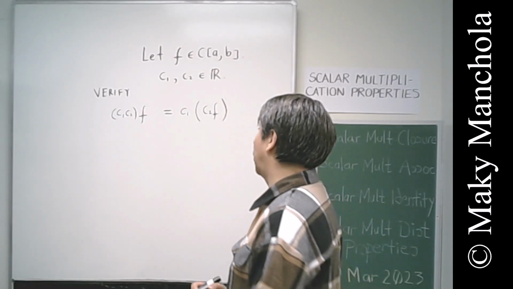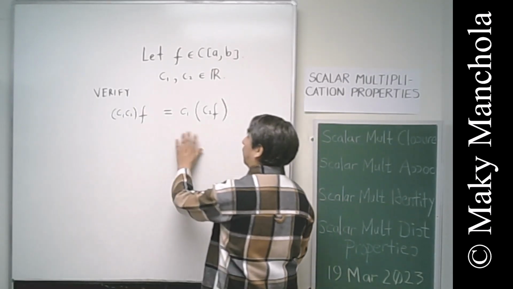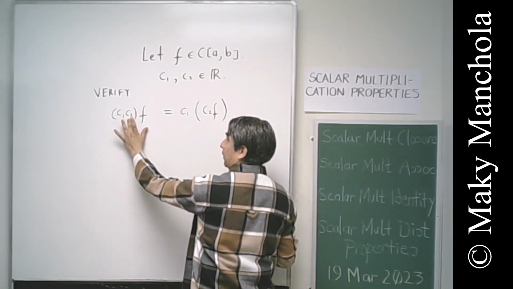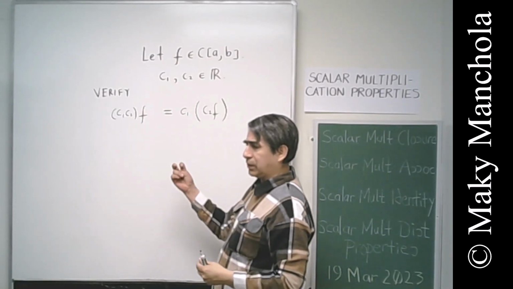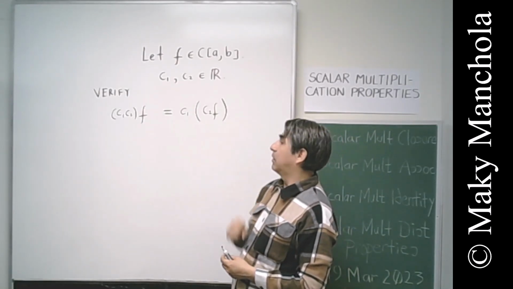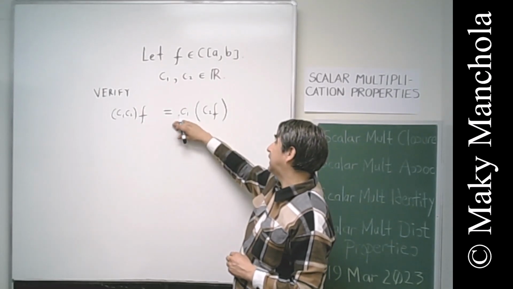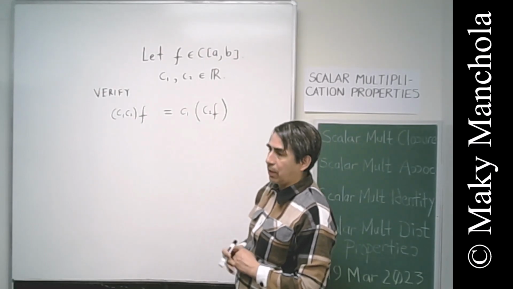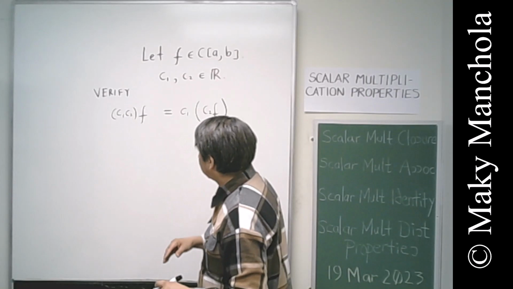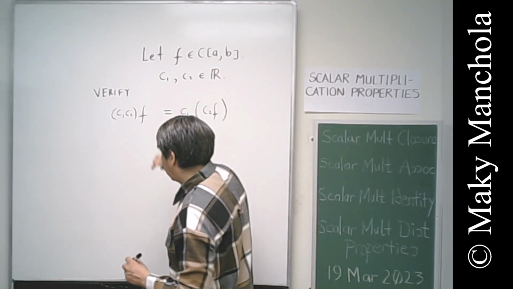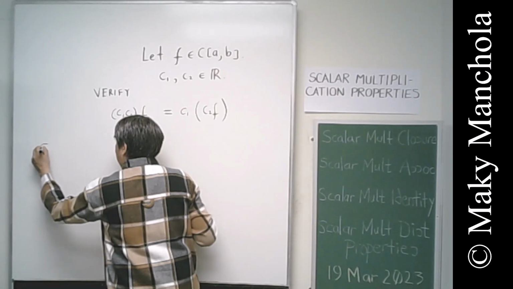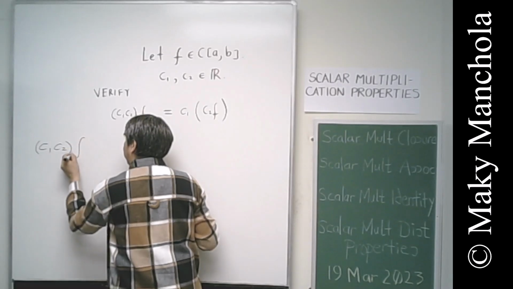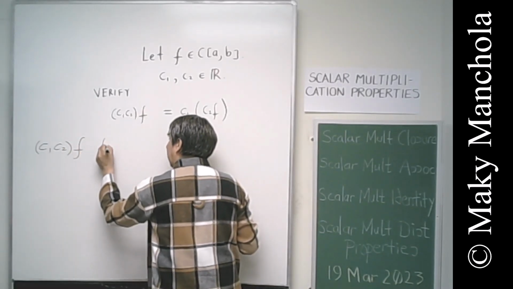The way we are going to accomplish verifying this is by writing the meaning of the scalar multiplication of c1 c2 and f, and deducing that that ends up being the meaning of the scalar multiplication of c1 and the function c2f. Okay, so let's begin. I want to write c1 c2 f evaluated at x.